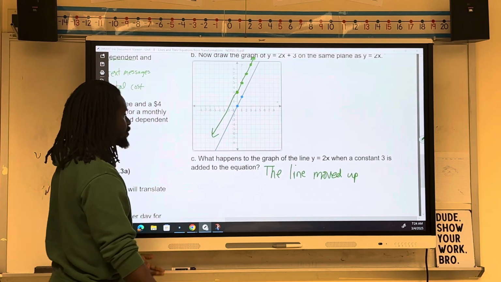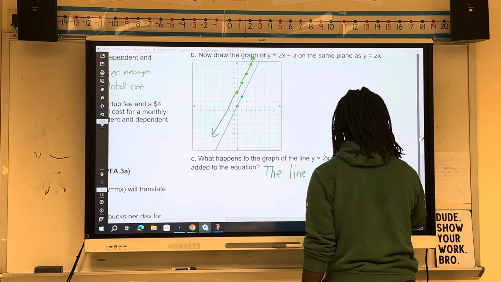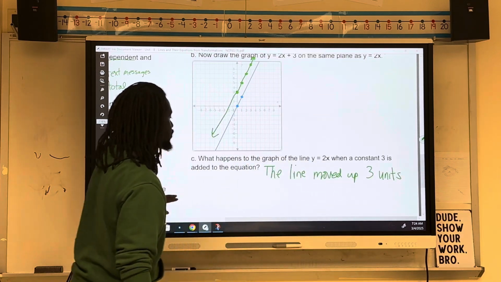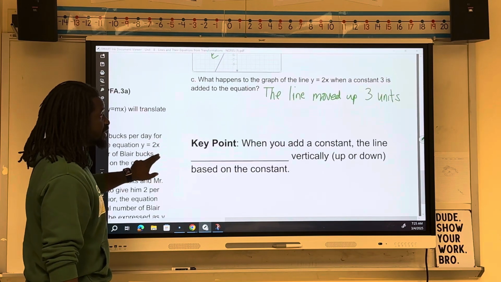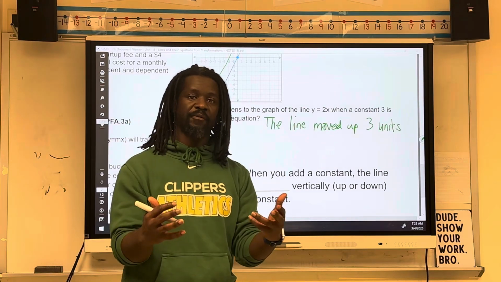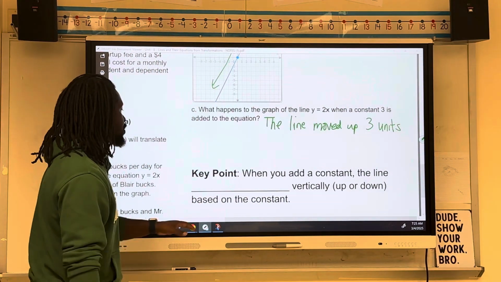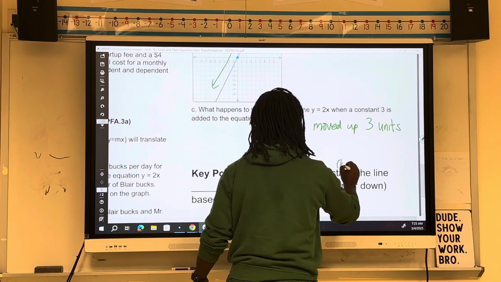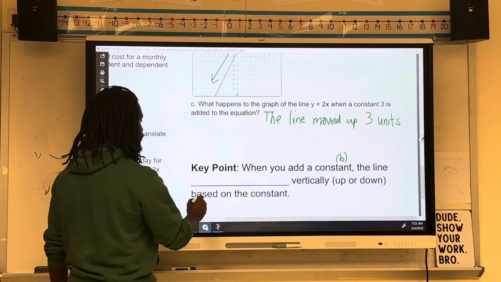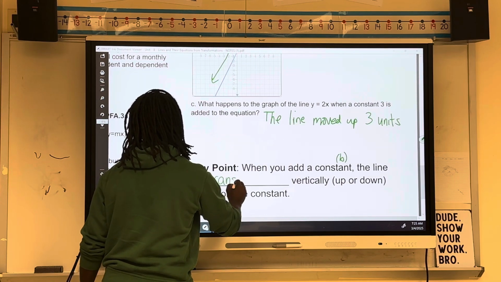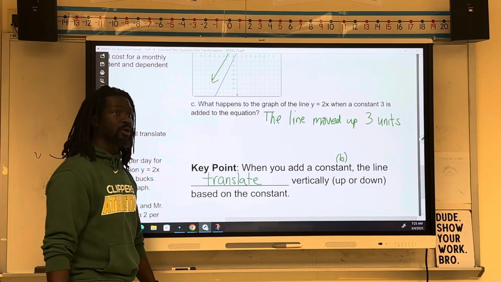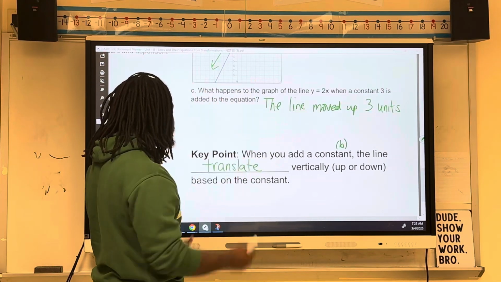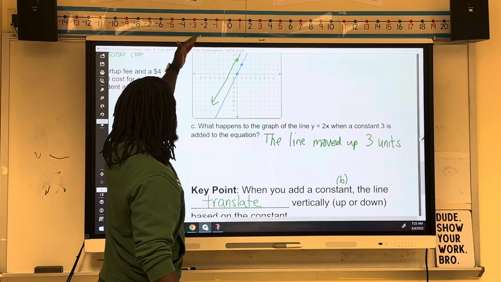Well, I would say how many did it move up? Well, you can say maybe it moved up 3 units, or 3 spots, okay? And here is the key point. Here's the main point for the lesson, and this is one that you will need to remember. When you add a constant, so when you add a b, the line will translate. That is the word that means move up, and we're going to talk about that later in the unit, but it translates, it slides, it moves, and it moves up or down.